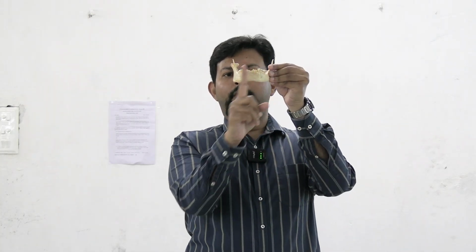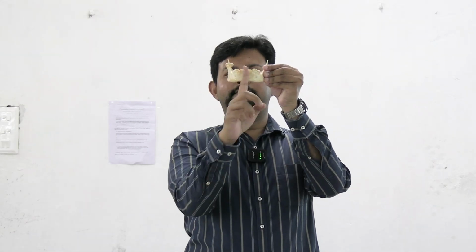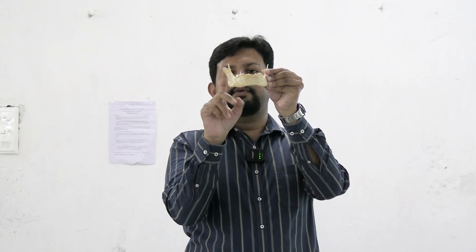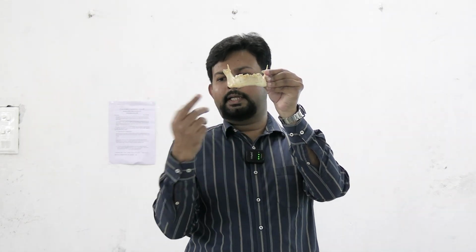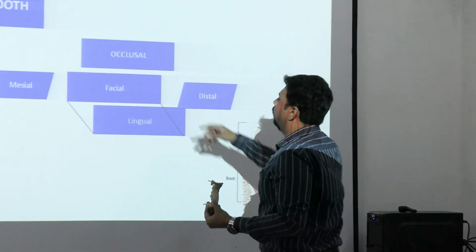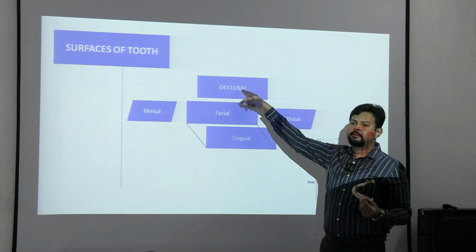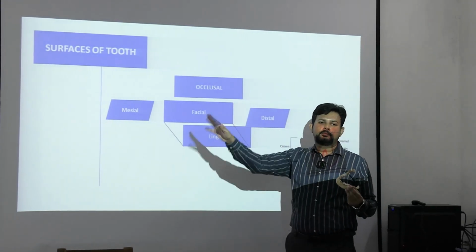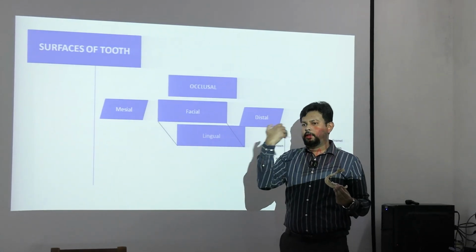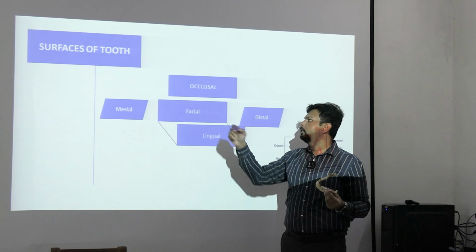Mesial means this: if you take this as midline, whatever surface is facing the midline side, that will be the mesial surface, and whatever is facing distally will be the distal surface. Occlusal is that which is facing outside, towards the cavity.